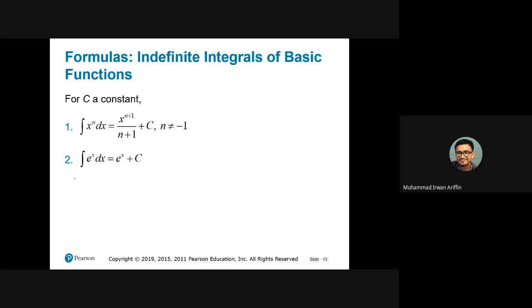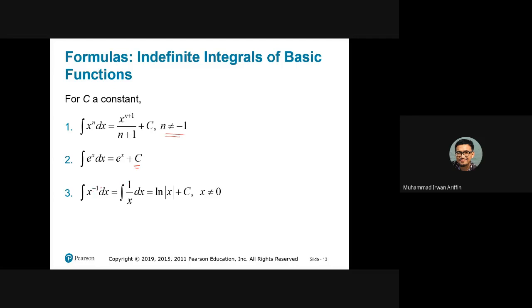For the exponential function e to the power of x, the antiderivative is the function itself, e to the power of x plus c. Don't forget the c. Then there is a special case for x to the power of negative 1. The rule can only be applied when n doesn't equal negative 1. What if we have x to the power of negative 1, which is 1 over x?